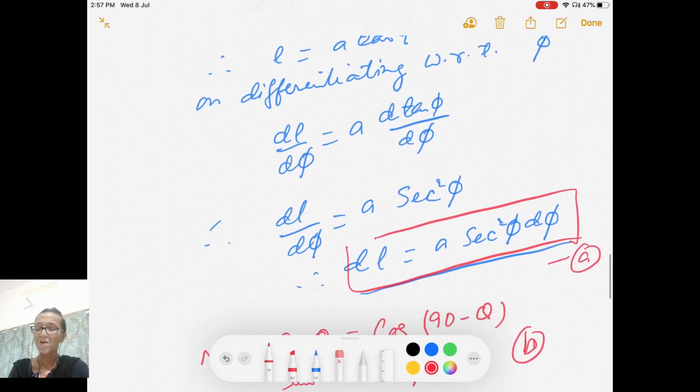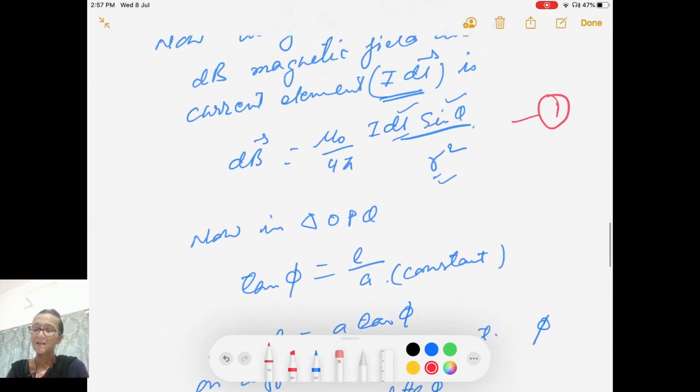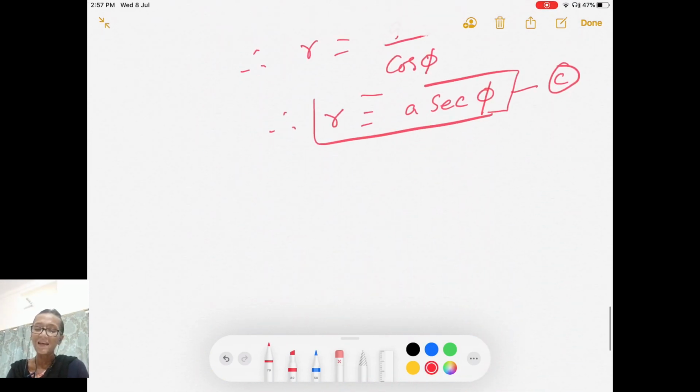So three things we obtain, and we will be putting the values of A, B, C in equation 1.